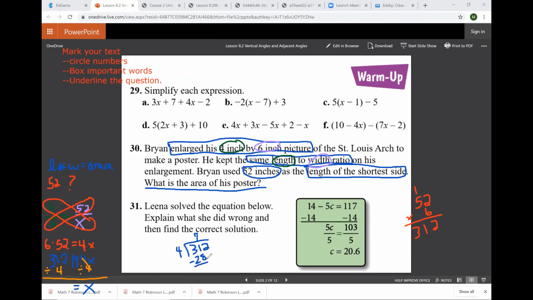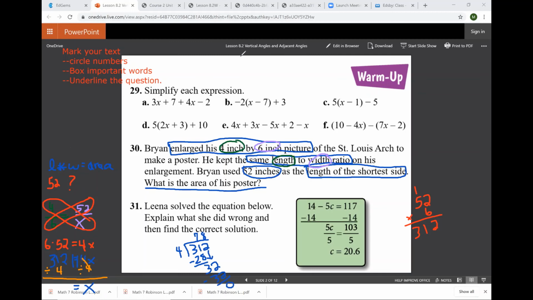I can count up using fingers. I can use borrowing, things like that. So I know 28 is 3 away from 31. Bring down the 2. How many times can 4 go into 32? 8 times. 8 times 4 is 32. And 32 minus 32 is 0. So that missing number that we were missing is actually 78.